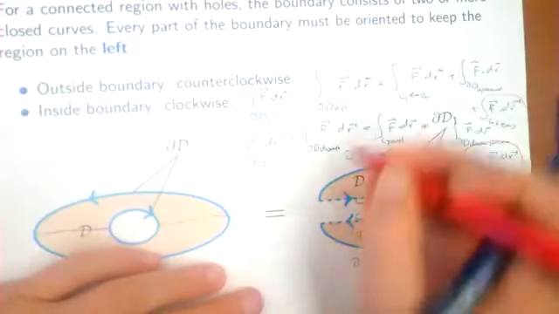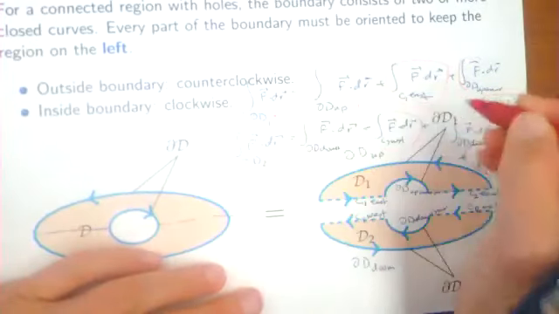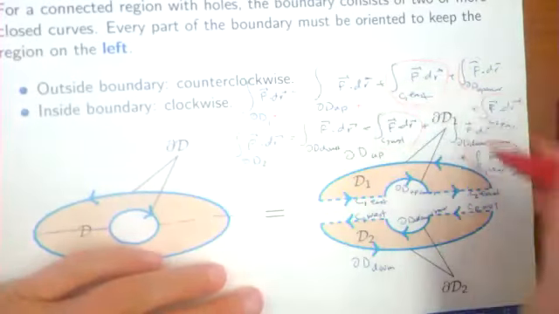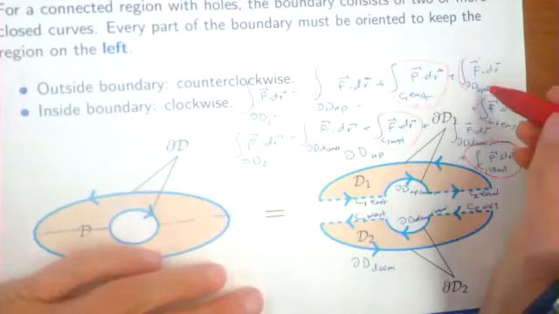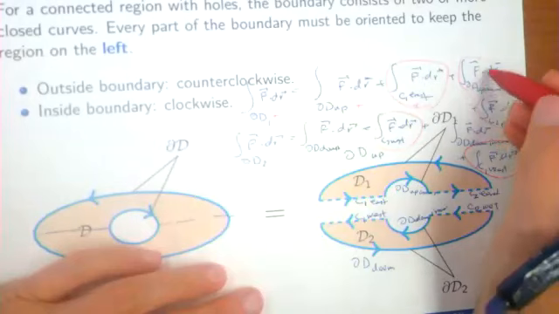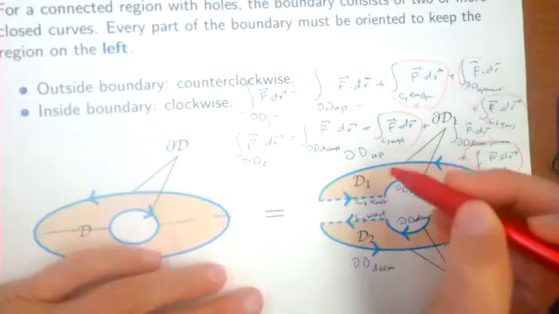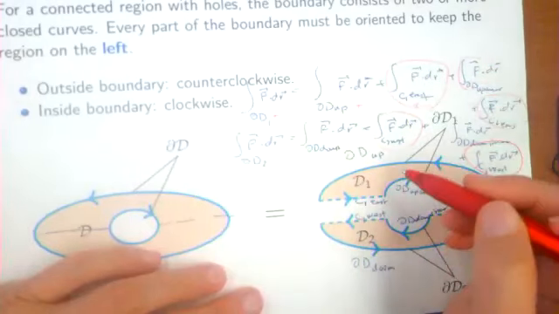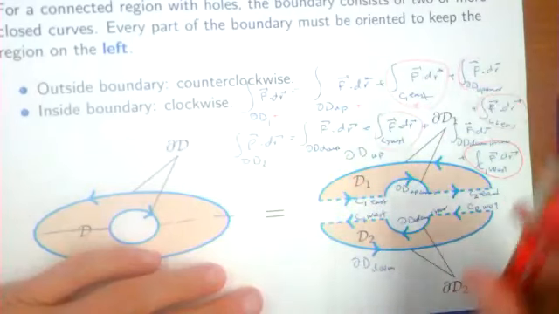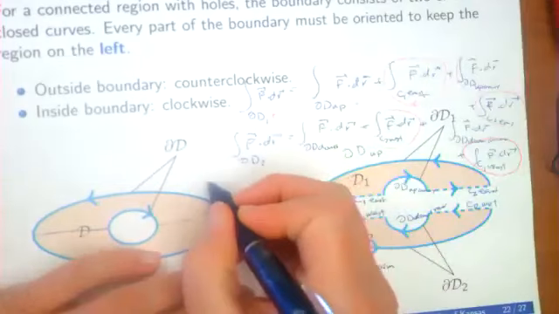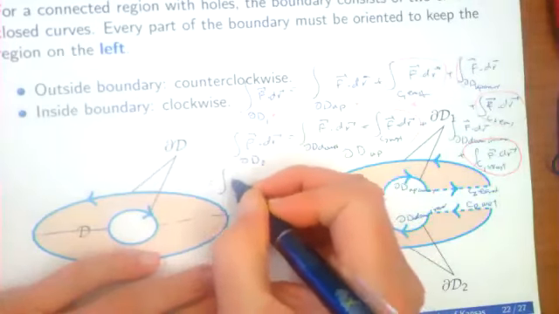So if I add these two sides, these four are going to disappear, and then I will have upper boundary plus the lower boundary of the outer and inner together.